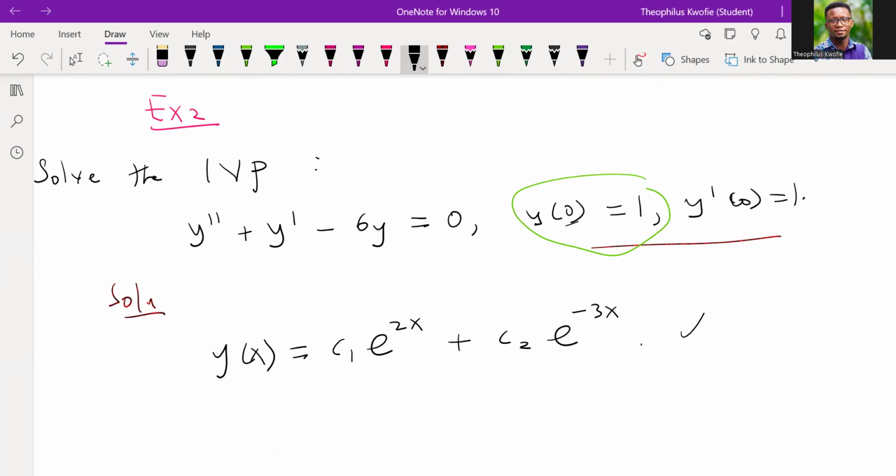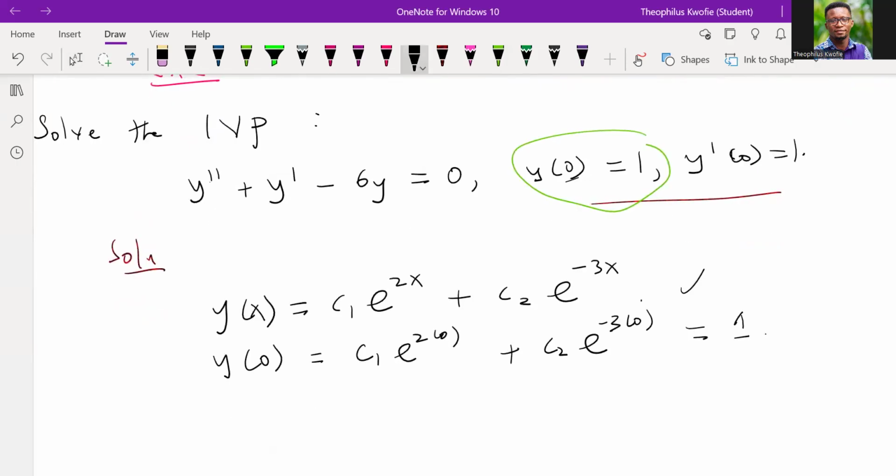So I have y of 0 equal to c1 multiplying e to the power 0 plus c2, and we should equate it to 1. Now e to the power 0 is what? It's 1, right? So you're going to have c1 plus c2 being equal to 1.